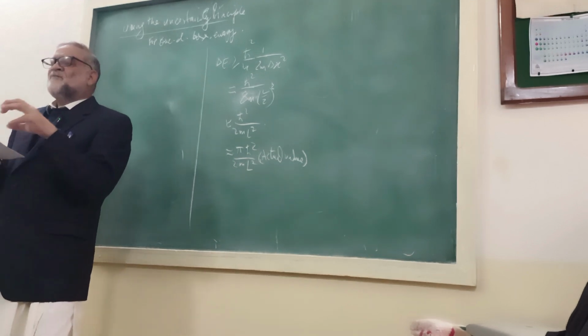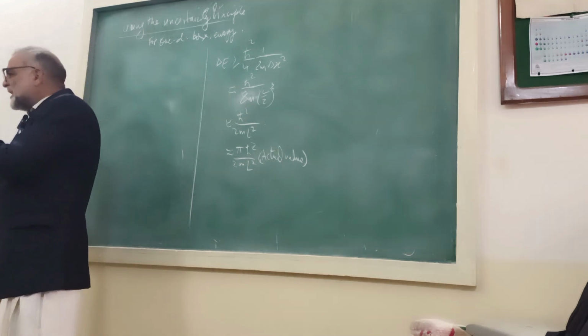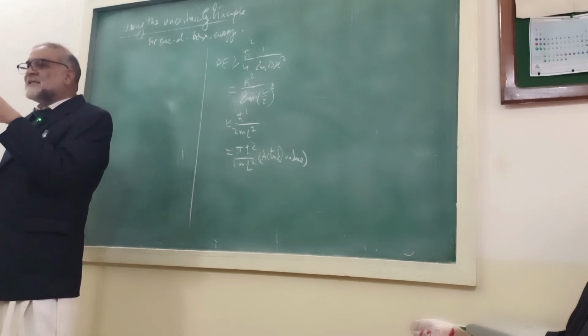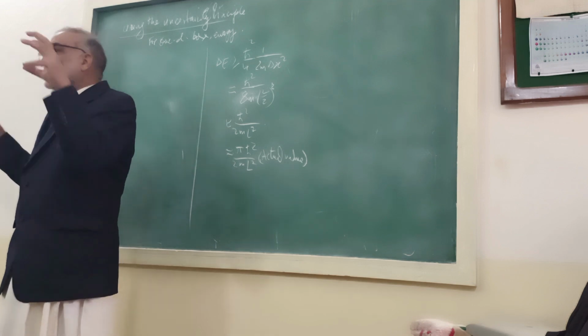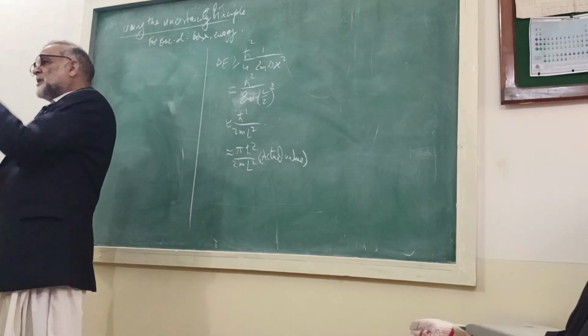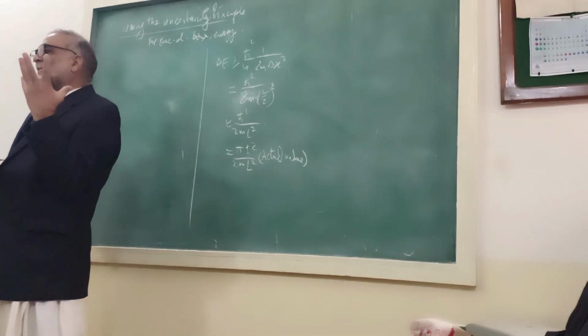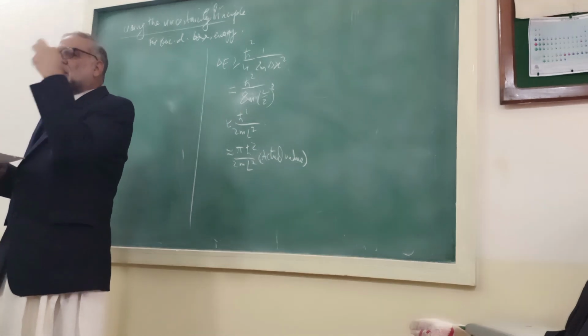Or if the charge density is decreasing in a volume, there must be a divergence of current. Charge must be flowing out. If the charge is decreasing here, it means the charge is going out from here. It is not disappearing, it is going out from here.